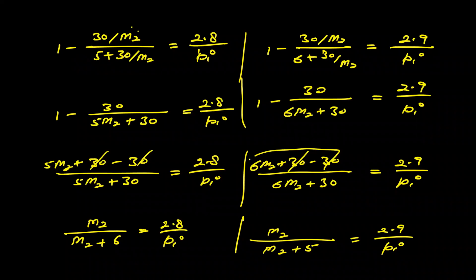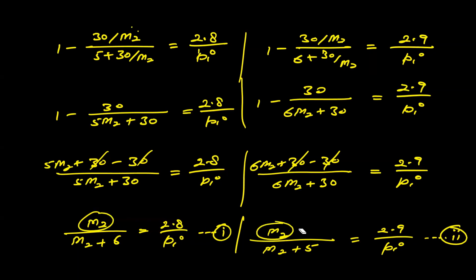I am dividing both numerator and denominator by 6 here. I am dividing both numerator and denominator here by 5. Now I can divide these two equations. Say this one is first, this one is second. Then M2 will get cancelled and P1 naught will get cancelled. So I am doing 1 divided by 2.